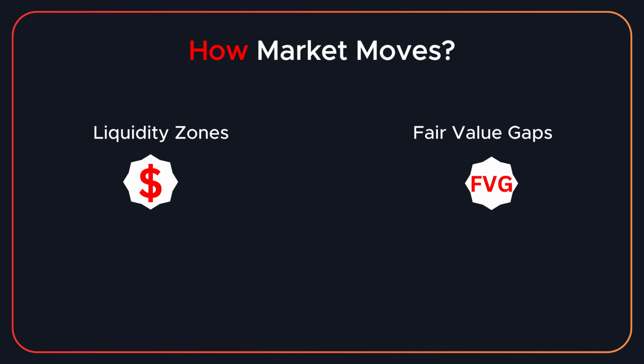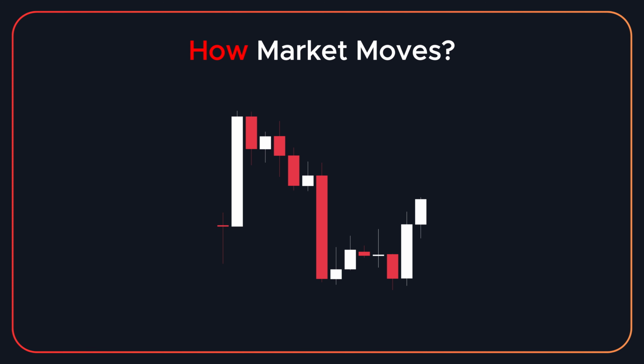And our second factor of market movement is the fair value gap, as the market consistently shows a tendency to fill and rebalance the gaps present within it. If you look at this example, you can clearly see that first price moves upward and creates this fair value gap, then price moves back and fills this fair value gap.